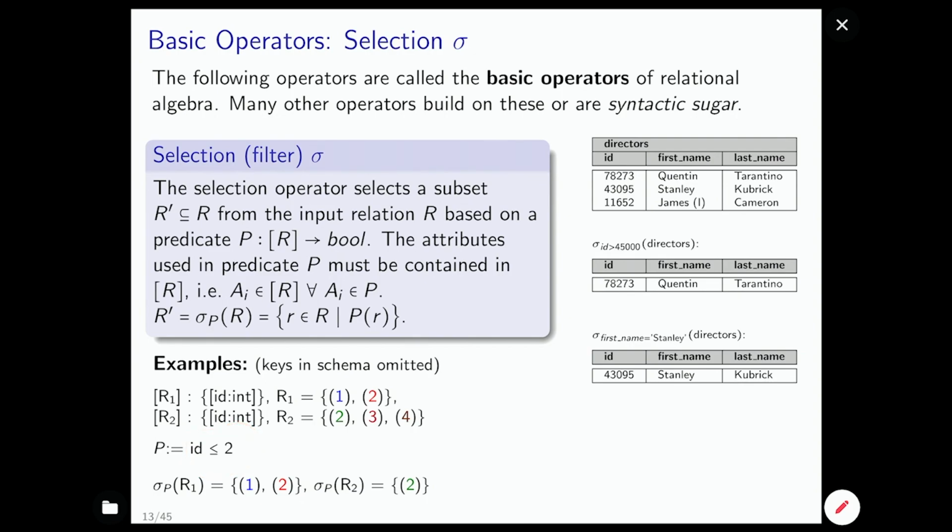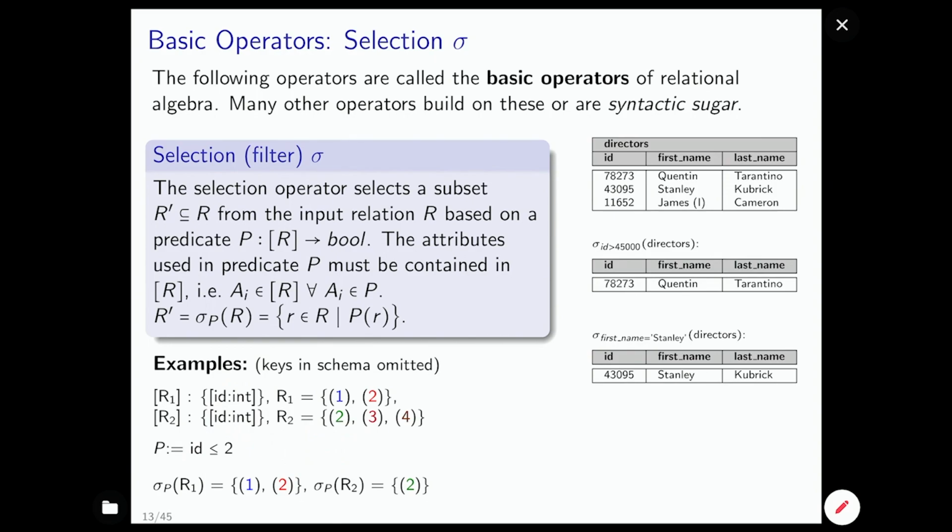Here in this condition you see I'm referring to an attribute called ID. If that ID is contained in this schema, it's okay, that's fine. So I mustn't write A or B. If I wrote A smaller equal 2, that wouldn't work because A is not defined here in the schema.